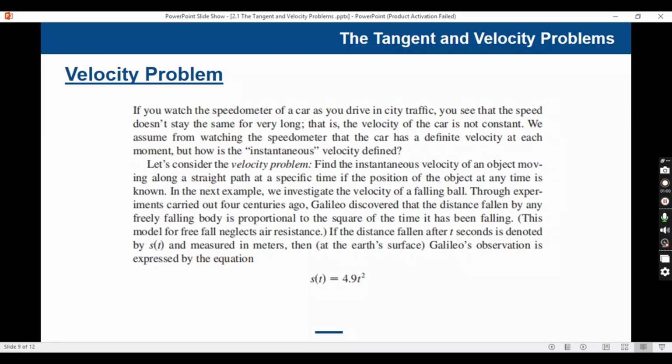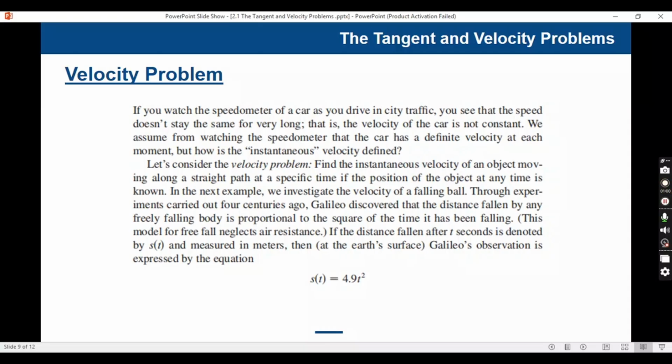We assume from watching the speedometer that the car has a definite velocity at each moment, but how is that instantaneous velocity defined? Let's consider the velocity problem. Find the instantaneous velocity of an object moving along a straight path at a specific time, if the position of the object at any time is known.